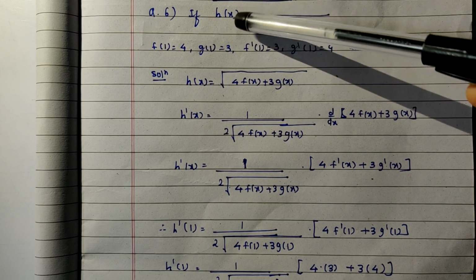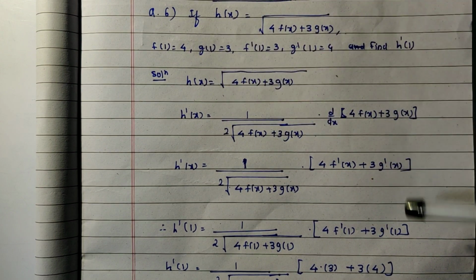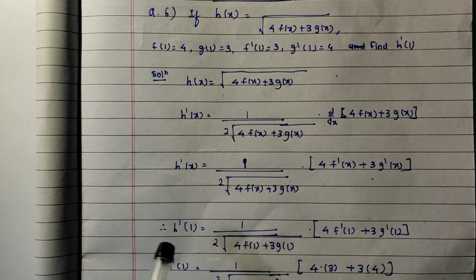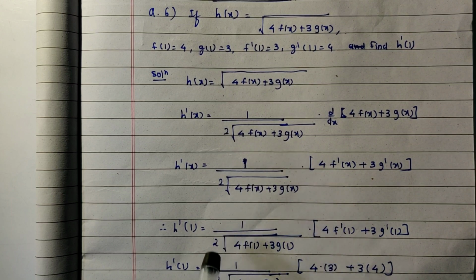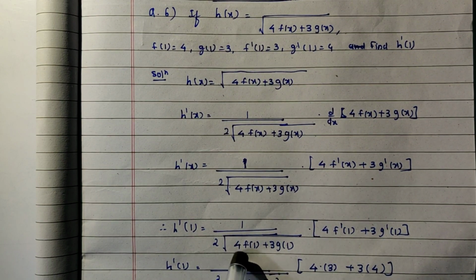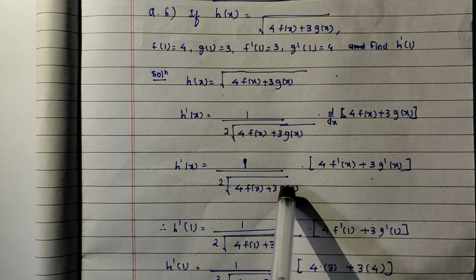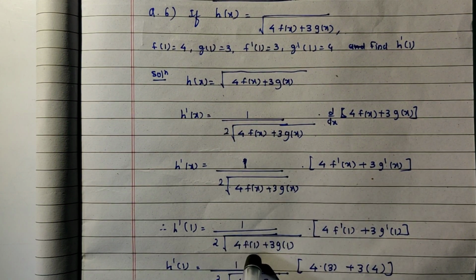Now these values are given that we substitute here because we are required to find h dash of 1. So x we replace by 1. 1 upon 2 root of 4 f of 1 plus 3 g of 1, because x we replace by 1 here.